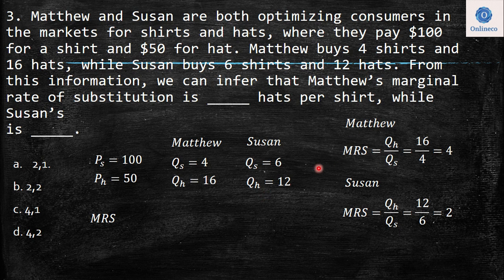Then we can represent the marginal rate of substitution, how you can change one good for another. Remember that here it is hats per shirt, so hats should be in the numerator and shirts in the denominator. So for Mankiw, 16 over 4, then you will have 4.